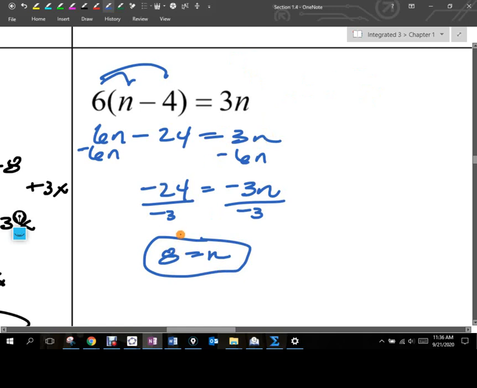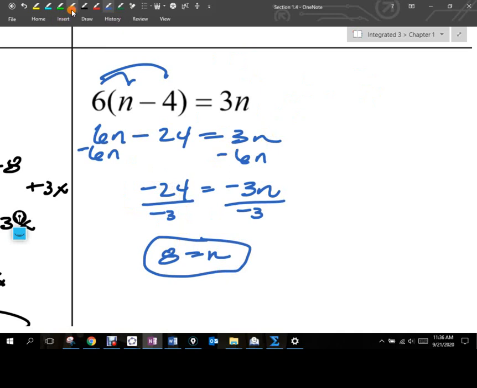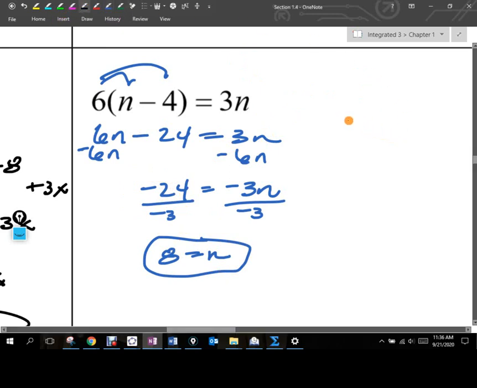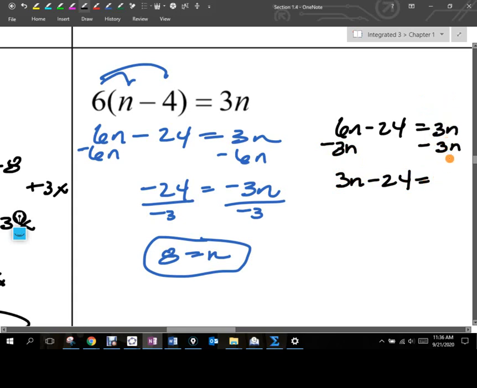But we got 8 over here on the left. It's up to you and your notation. But what if I would have done this? I get people to do this a lot, and this is going back to the idea that if I subtract 3 in here and 3 in there, can I do that? Okay, but what do I get on the right-hand side? Nothing.